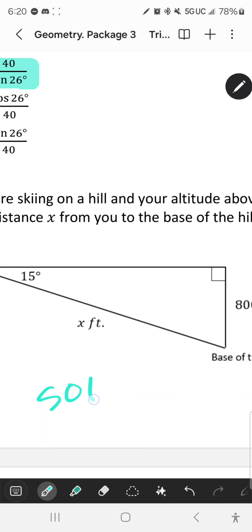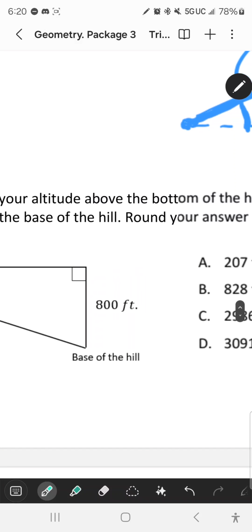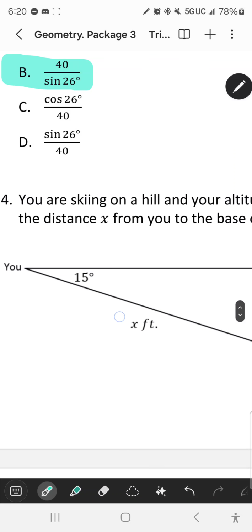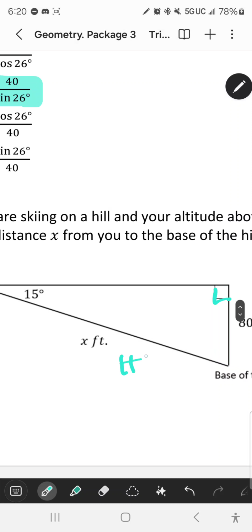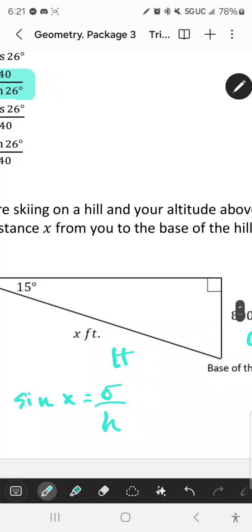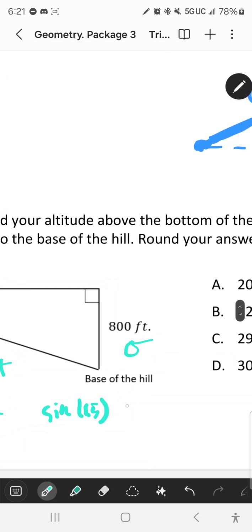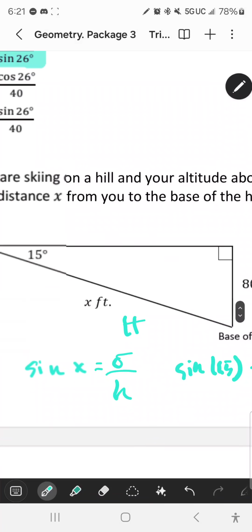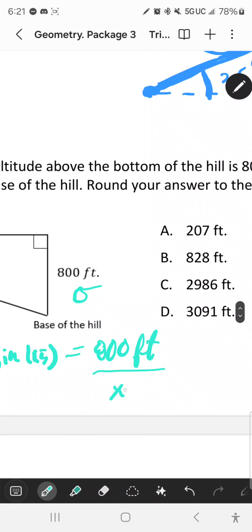Again, SOHCAHTOA. Here I have the opposite, and this big line opposite to the 90 degrees is the hypotenuse. So I have opposite and hypotenuse, I'm talking about sine. So the sine of 15 equals opposite over hypotenuse. The opposite is 100 feet, over the hypotenuse, which we don't know, so it's x feet.